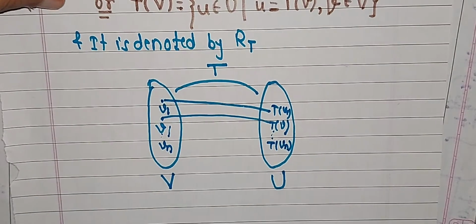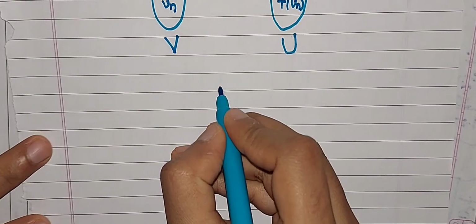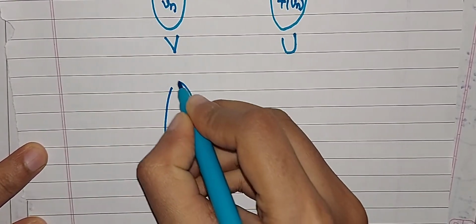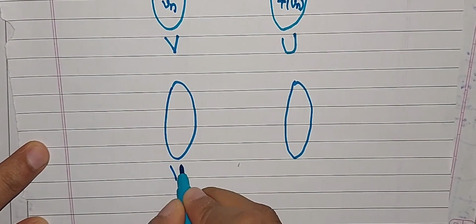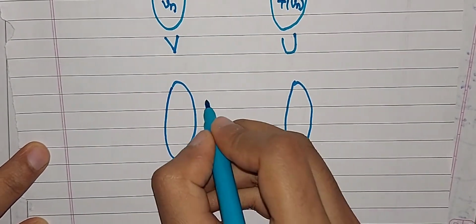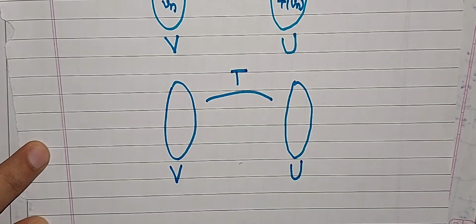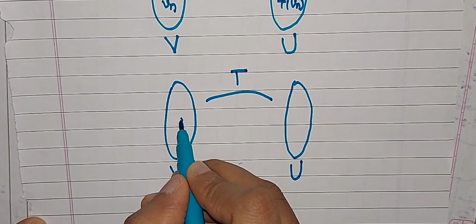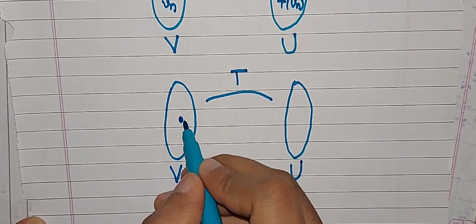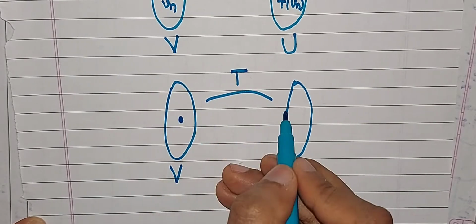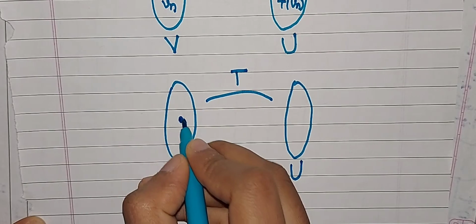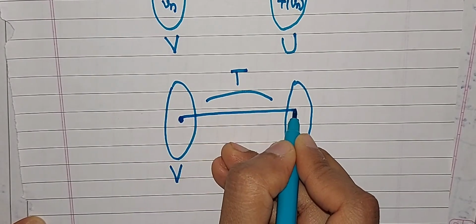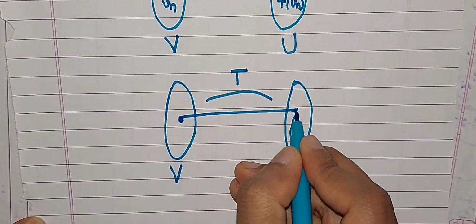Okay, so for that purpose we will consider another diagram which is actually the same. This is my domain, again this is my codomain, and there is a transformation in between them. When we choose any value from the domain, its corresponding images are collected in the codomain. If I choose this element, then its image will give us this value, which means this is the range.